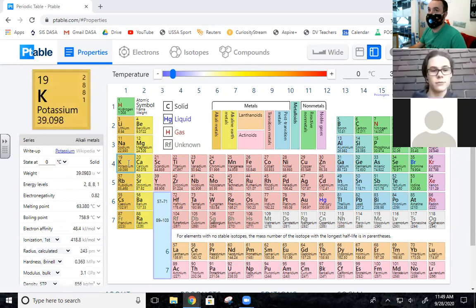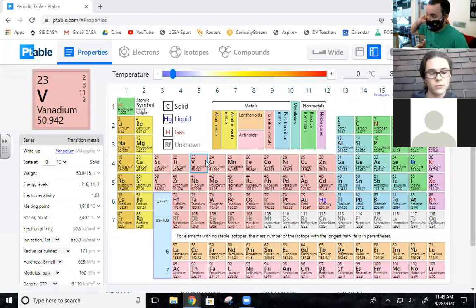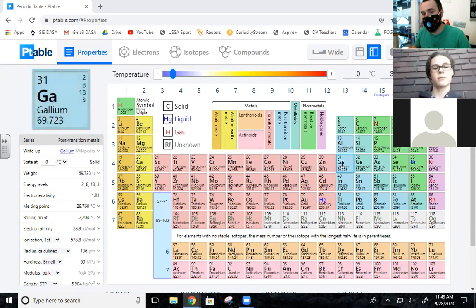For instance, potassium only has 19 protons. Bromine has 35, and equal numbers of protons as electrons, right? So it would make sense that it gets bigger, but it's not. The atomic radius actually goes down as you move right on the periodic table.